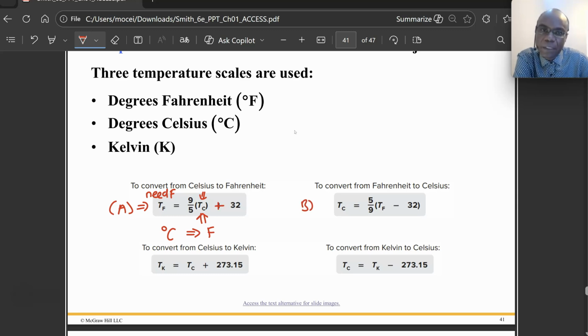Now case B, if you want to convert degrees Fahrenheit to degrees Celsius, so what do we need? We need degrees Celsius. You will take 5/9 multiplied by the difference between the given temperature in Fahrenheit minus 32.